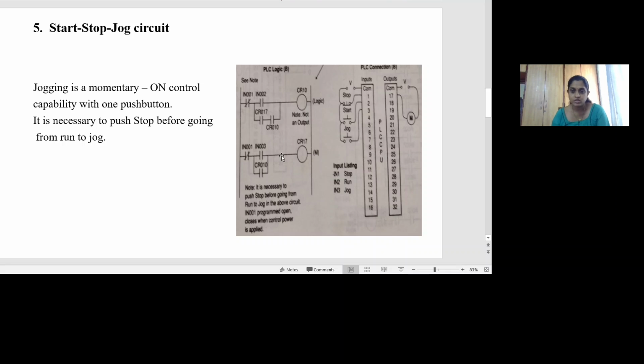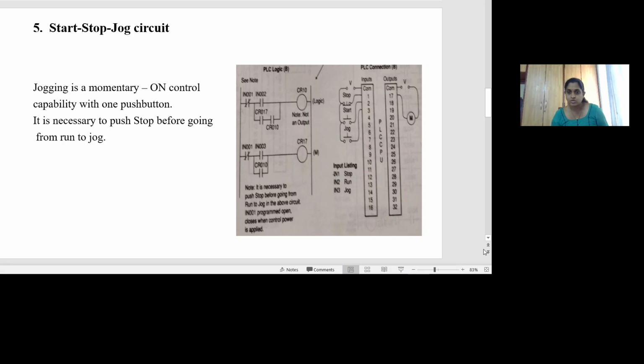Now let's go to this ladder diagram here. You can see IN001 is a stop switch.